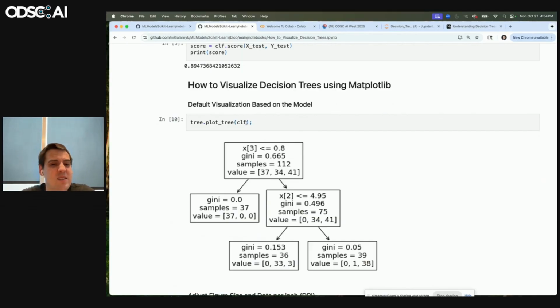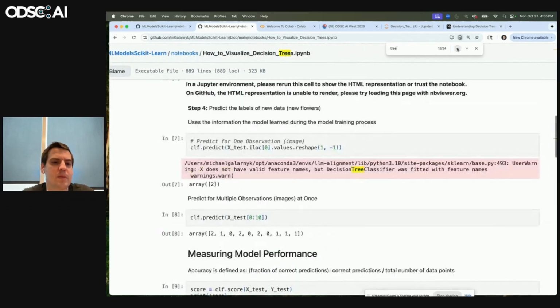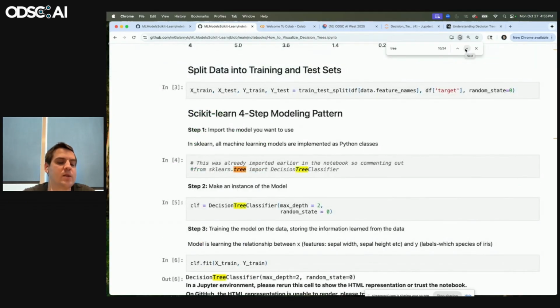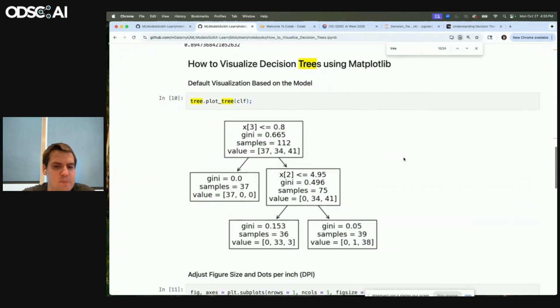This is a default thing that comes from Scikit-learn. At the top, I imported tree from Scikit-learn, which is just the visualization aspect of the library, and I believe it uses Matplotlib underneath the hood.